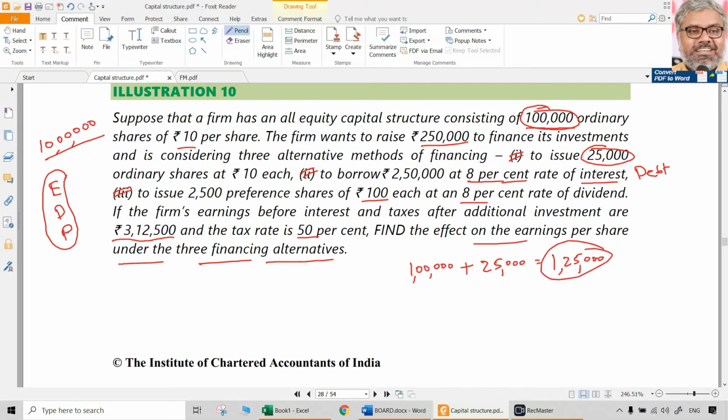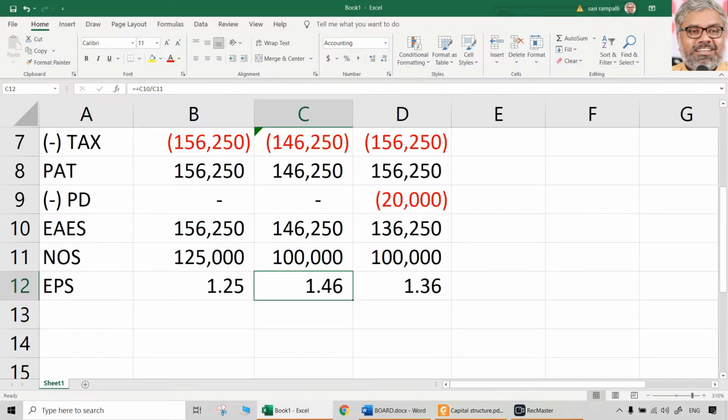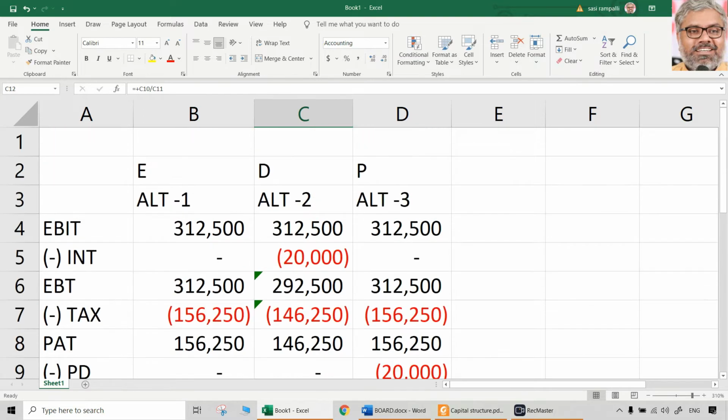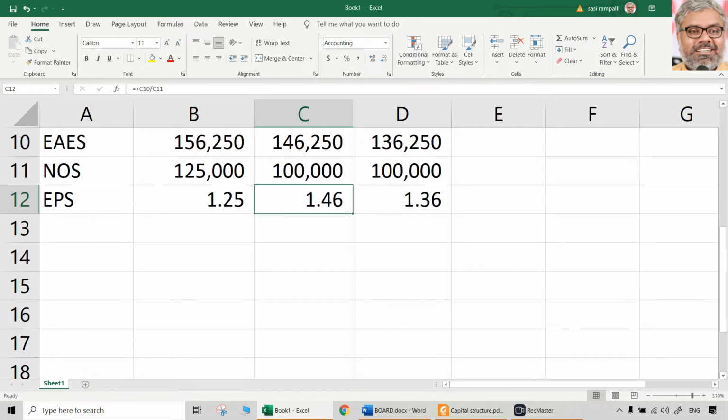Just what is the effect on the earnings per share? Certainly, in case of the debt financing in alternative 2, earnings per share is highest. This is the highest earnings per share. How was that possible? How this highest earnings per share was possible?